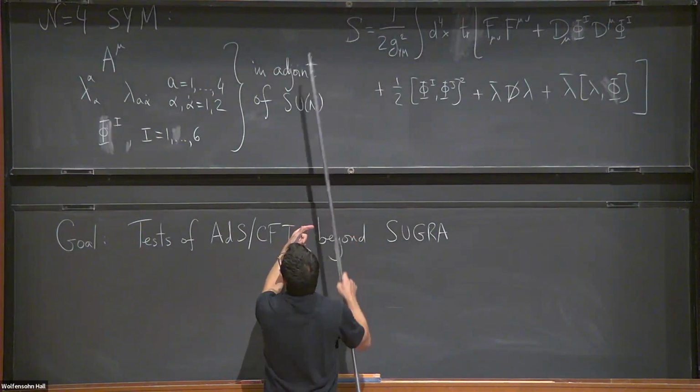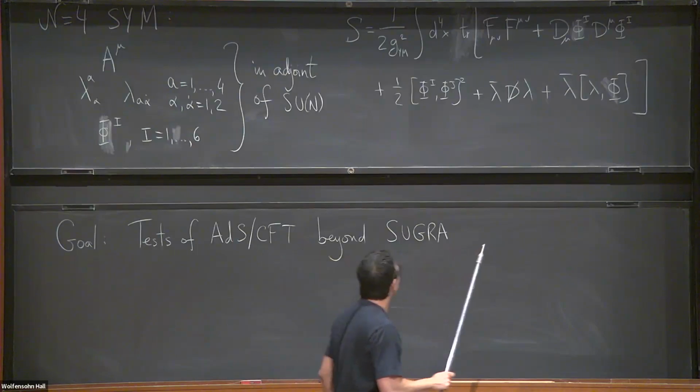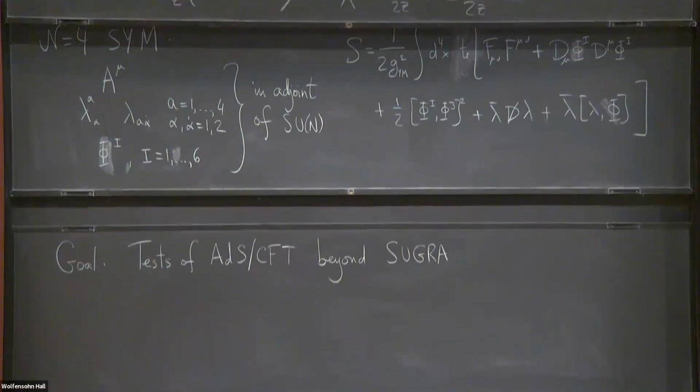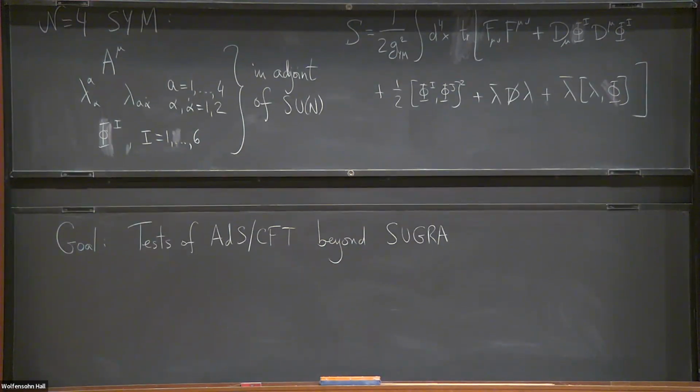So that's AdS. N=4 super Yang-Mills is a gauge theory with gauge group SU(N). It has N=4 supersymmetry, and that requires that in addition to the gauge field, we have other fields related to the gauge field by supersymmetry. These other fields are fermions as well as 6 scalars.